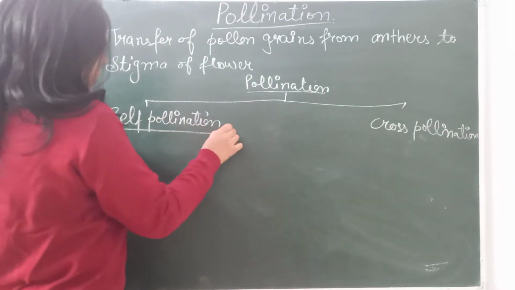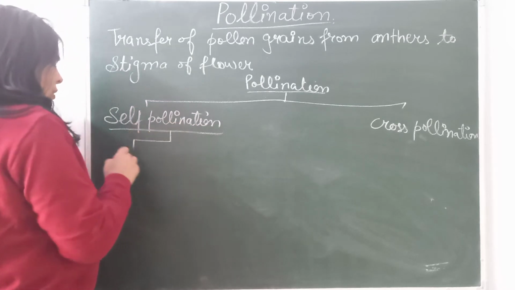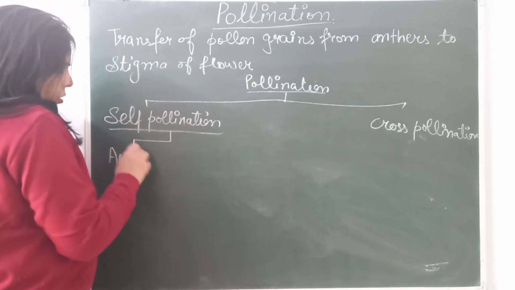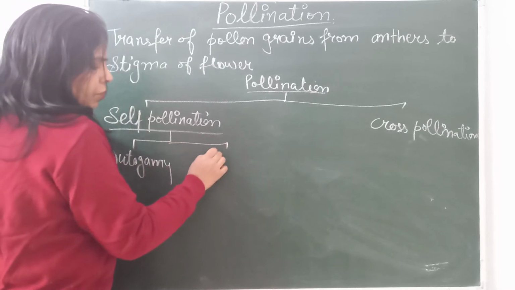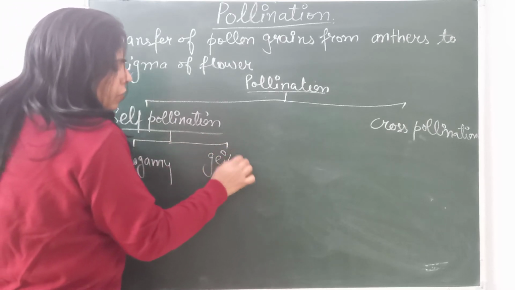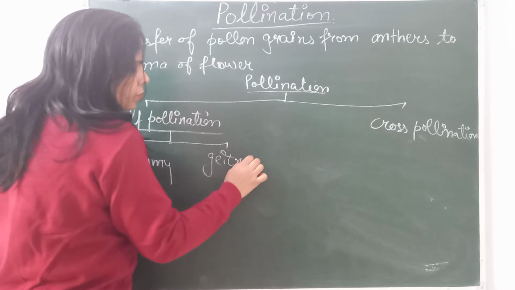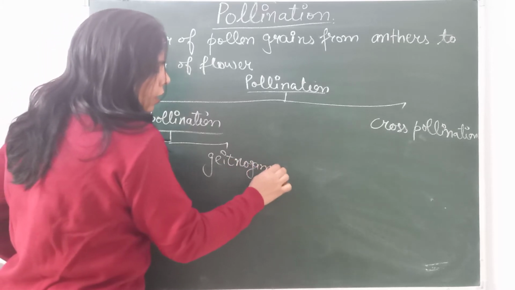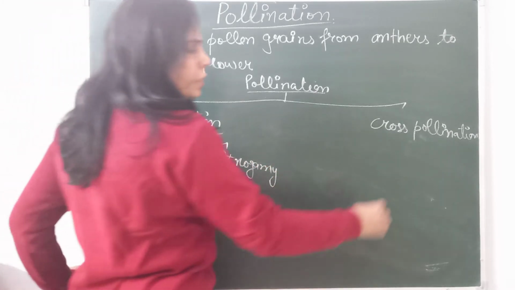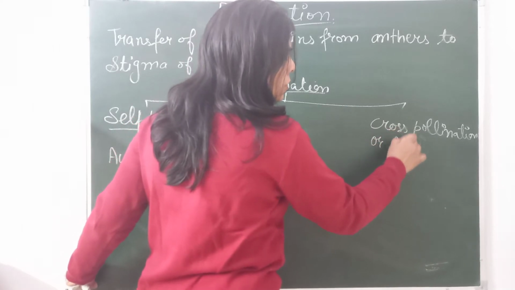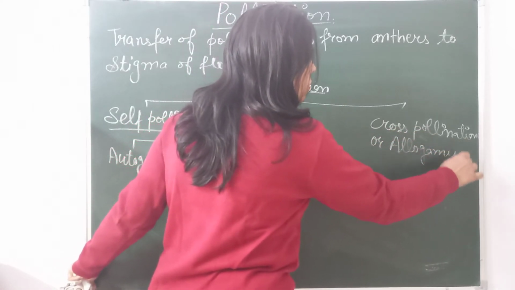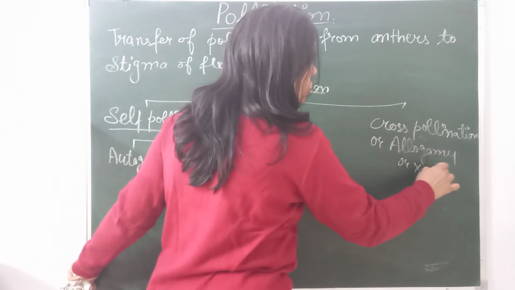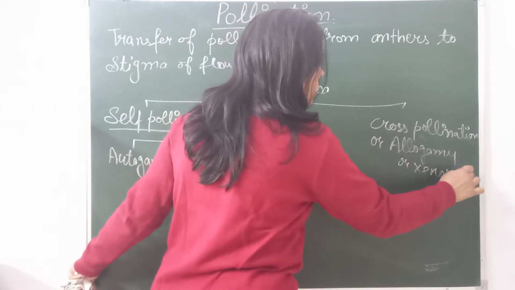Now, self-pollination can be autogamy or it can be geitonogamy. And cross-pollination is also known as allogamy or xenogamy. Right? Okay.